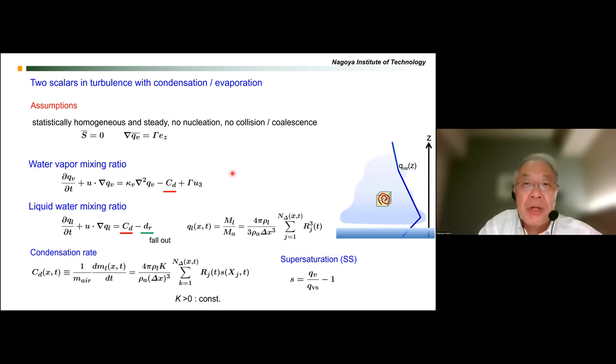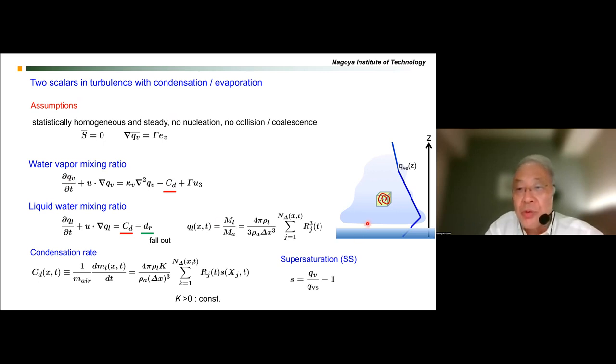So our target here is to describe or to understand the spectra of supersaturation in cloud, which is characterized by the intrinsic time scale, the phase relaxation time. And the point is that the phase relaxation time is independent of wave number. For this purpose, we consider two scalars, supersaturation and LWC.